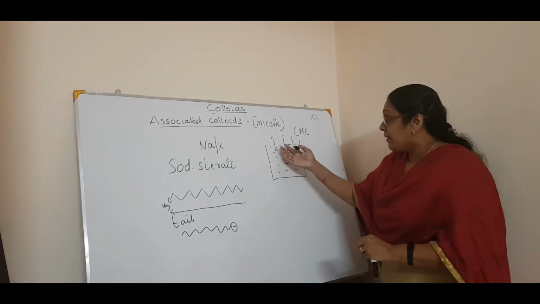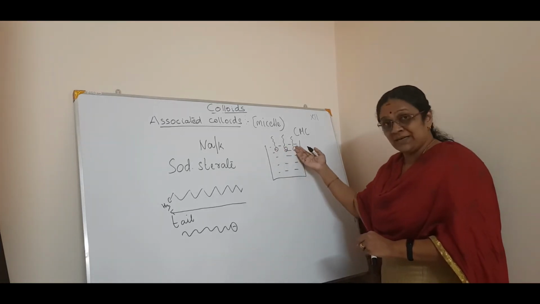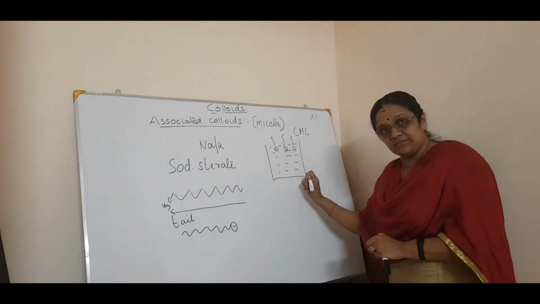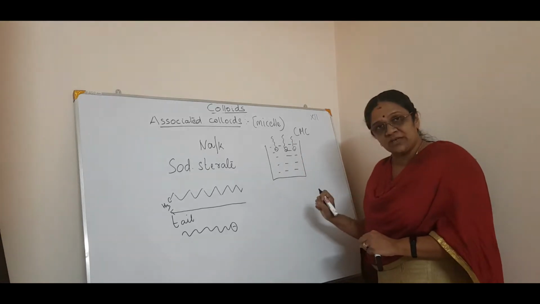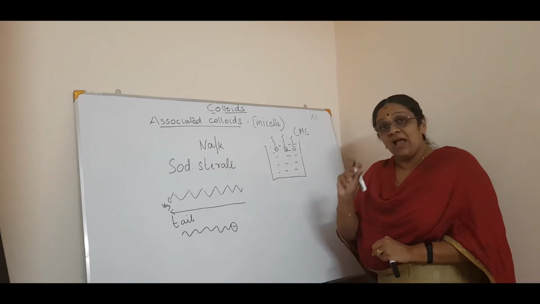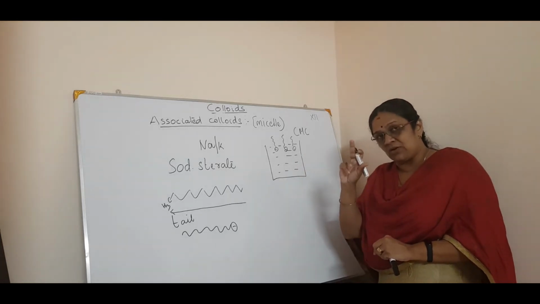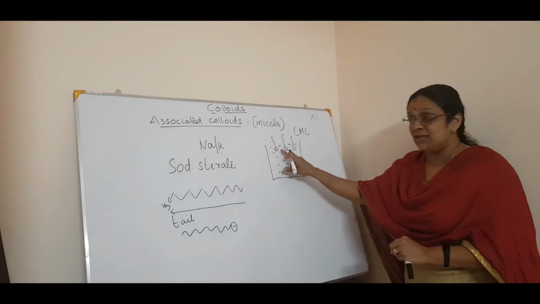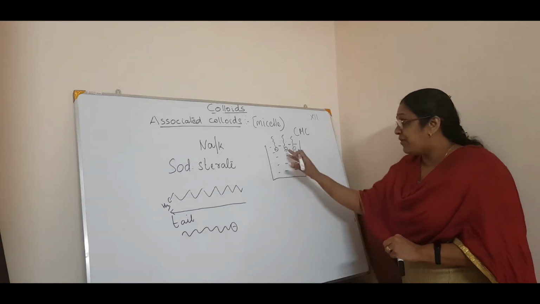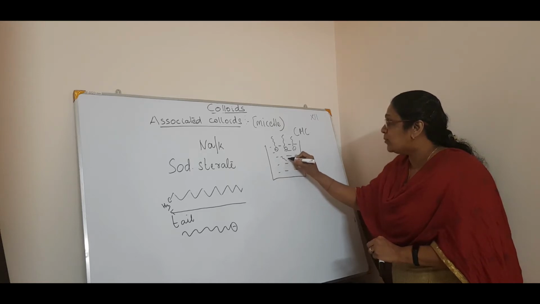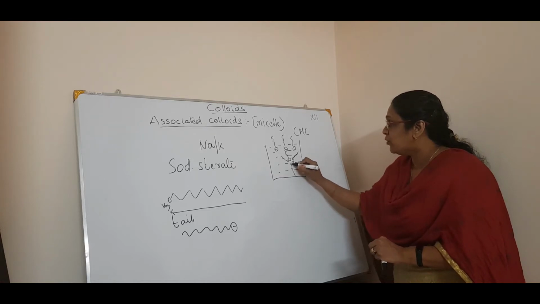So these individual soap particles will pull into the water and then form a micelle. Only when the critical micelle concentration is attained will these individual ions of sodium stearate pull into the solution and form a micelle in the solution. See how the micelle is formed? You know the micelle. Okay.